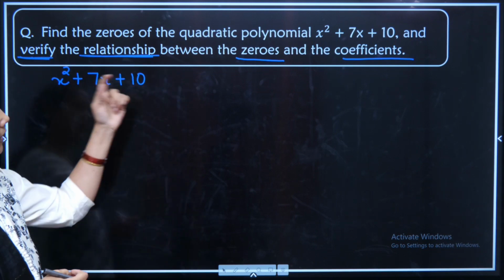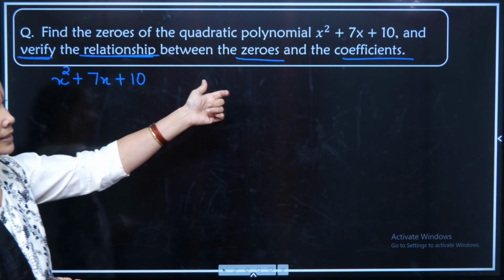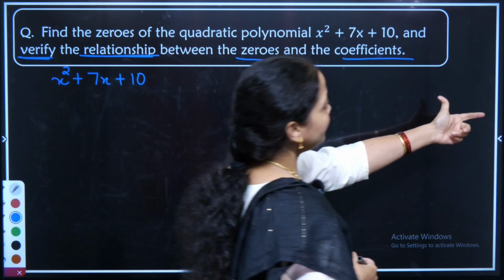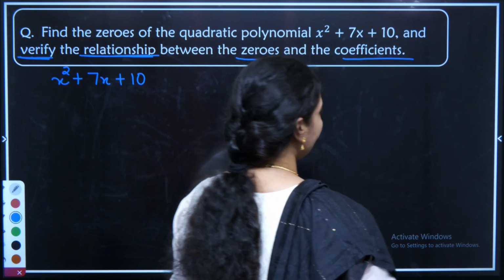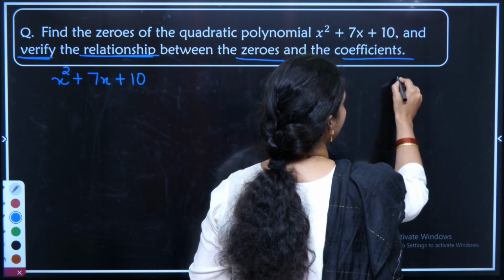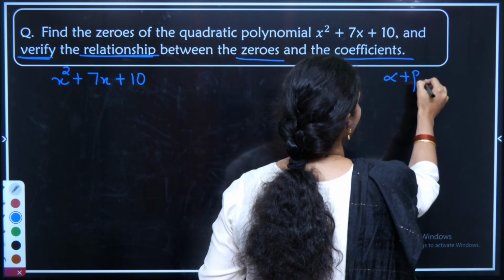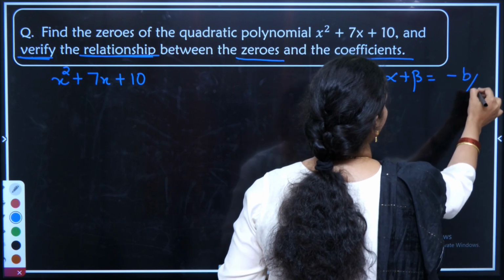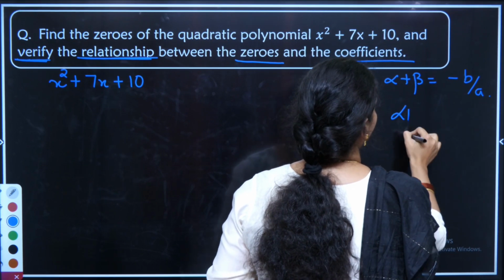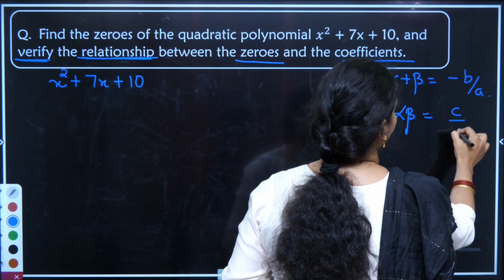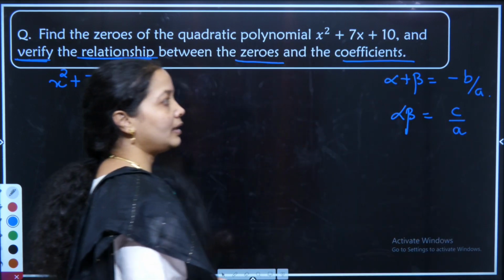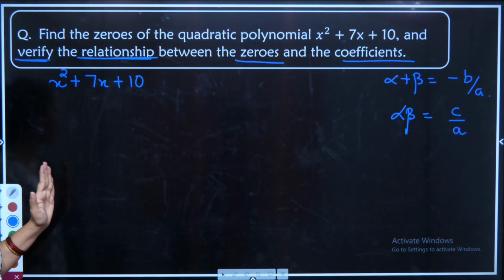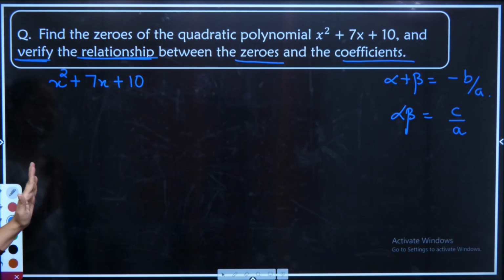So whenever you read the key aspect of the question, just make a column at one corner and write the related formula. The related formula to this question is alpha plus beta is negative b by a and alpha into beta is c by a.